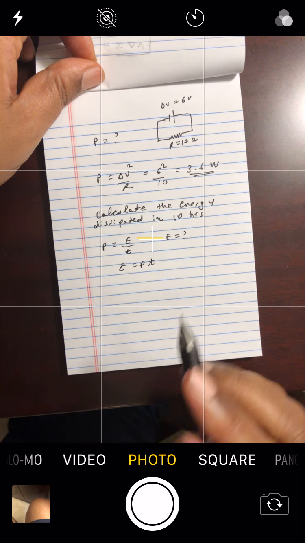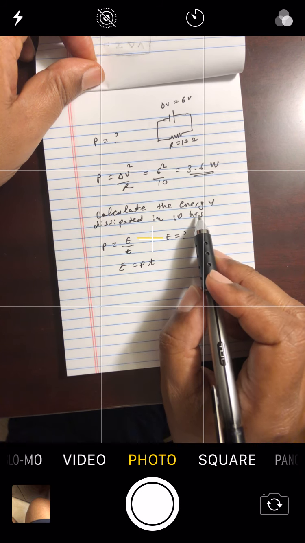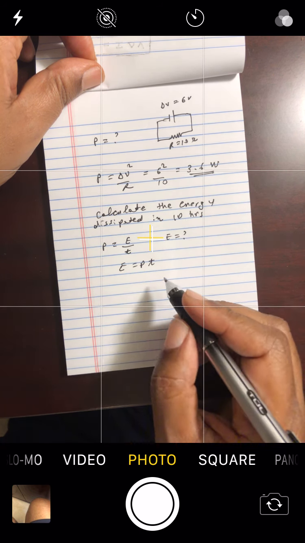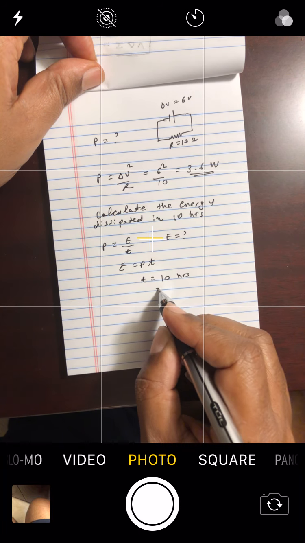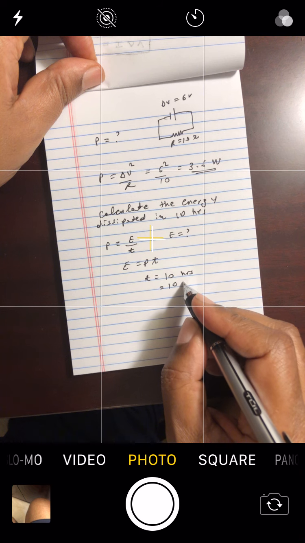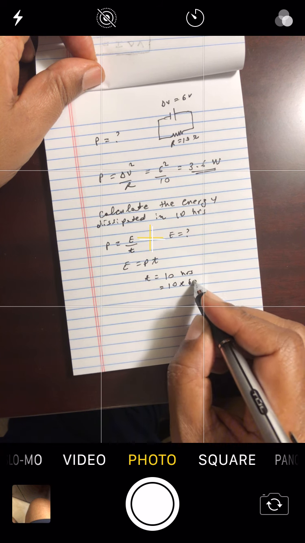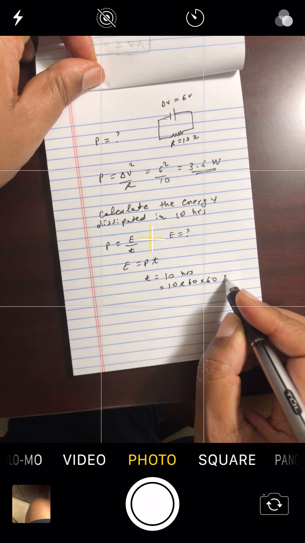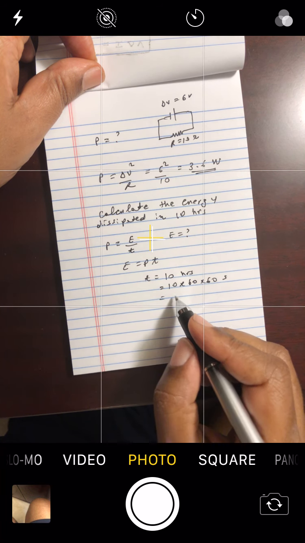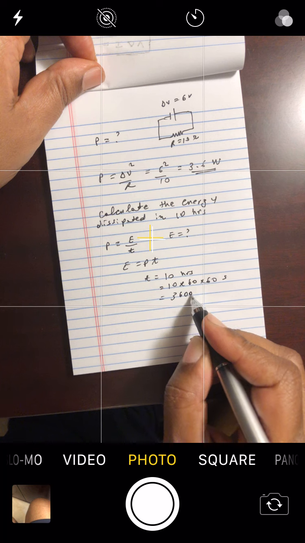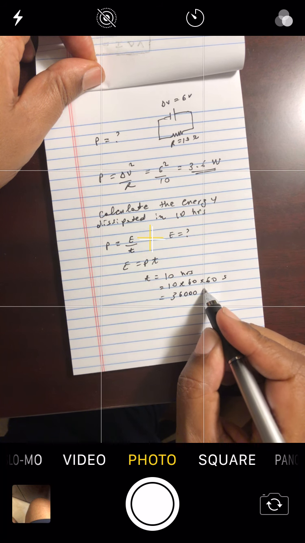This is in hours, but in SI units we have to convert it to seconds. So the time is 10 hours, but that is 10 times 60 minutes times 60 seconds. That is 3600 times 10, which is 36,000 seconds.